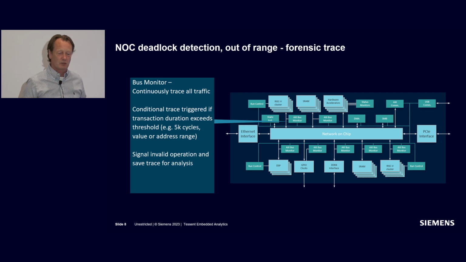If that time frame is exceeded, the bus monitor will have captured within the internal buffer the sequence of transactions leading up to it. That will allow the bus monitor to then alert either the system or a dedicated CPU, with the content of the internal buffers and everything leading up to this condition.